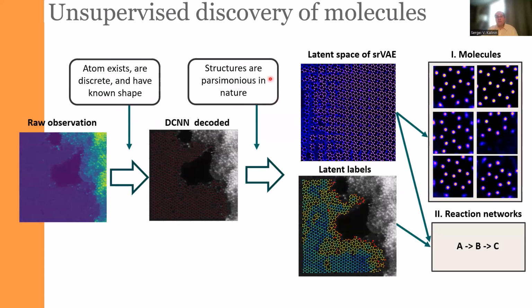Basically, what it means is that we say that structures are parsimonious in nature, meaning that there is a large but finite number of similar structures, not an infinite number. And it turns out that we can then discover what the structures are. Our reconstructions are either ideal graphene, or three 6-member rings, or 5- and 7-member rings, or two 7-member rings and a 5-member ring, and so on.